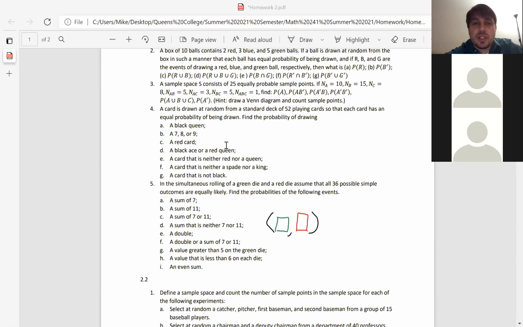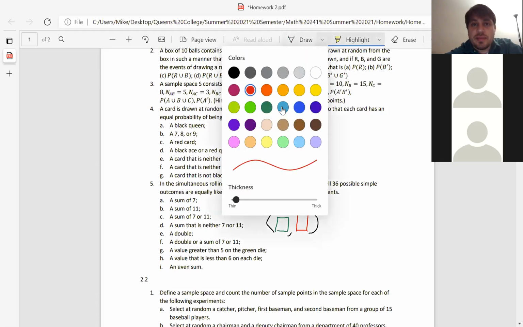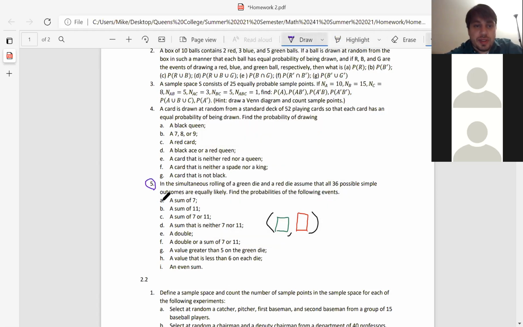Okay. So in order to find the probability of a sum of 7, let me choose a completely different color. Let me choose purple. This is 5A. The probability that the sum equals 7: you want to find the number of ways you can get a sum of 7 divided by the total number of rolls.